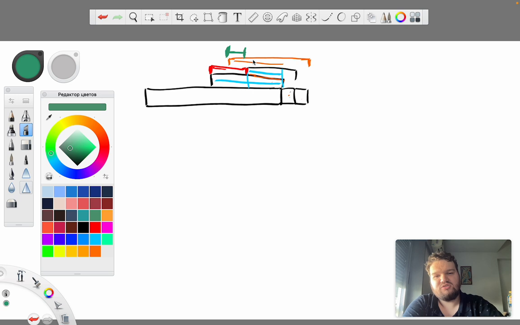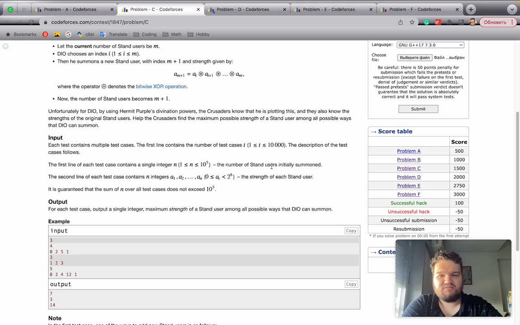And if we take all of them, then it will be just suffix from this point to the end of the initial array. So we again have suffix and another suffix, and their XOR is just XOR on segment. So we want to calculate maximum XOR on segment that we can have.